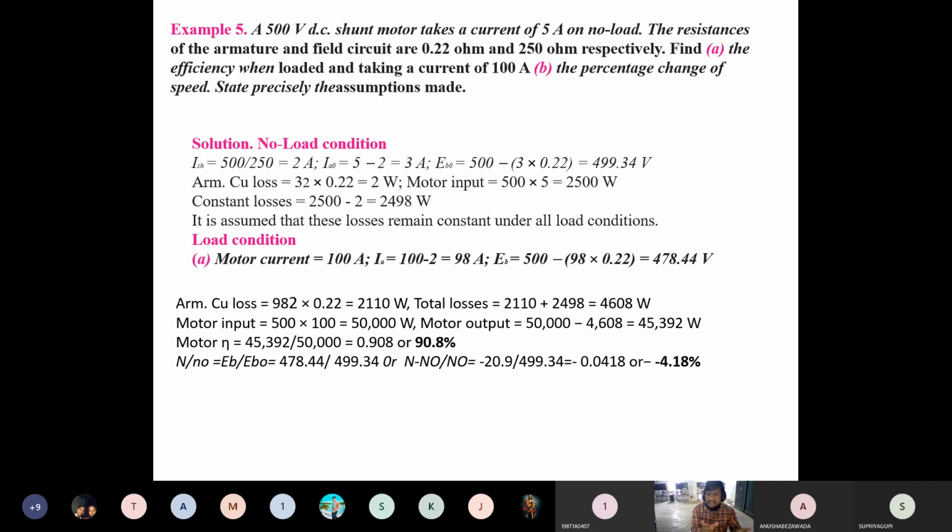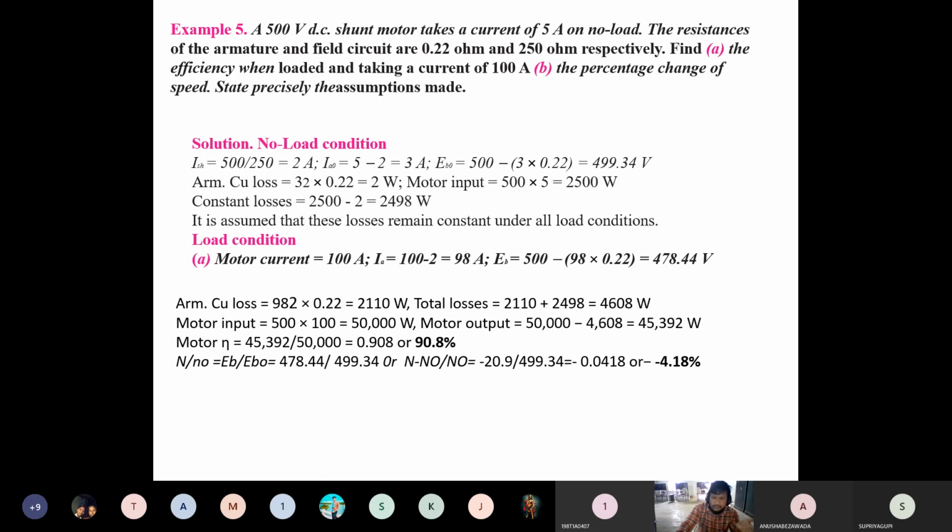The change in speed is nothing but 1500 minus 0, that is 1500. So percentage change in speed is the difference between no load speed and full load speed, and it is expressed relative to no load speed, right? That is N minus N naught by N naught.